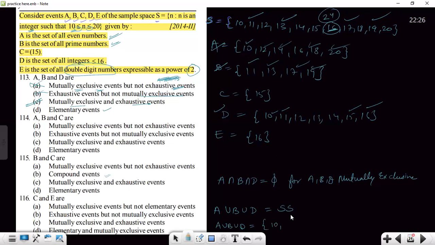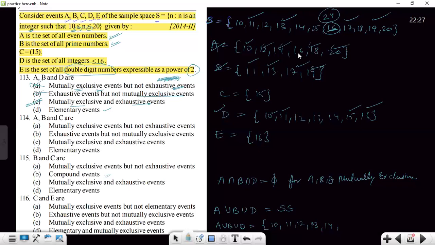Then 11 can be written, and then 12. Then 13 can be written from the B set, or 14 from the A or D set. We'll not repeat elements, okay? In sets, we do not repeat elements. And order also doesn't matter.